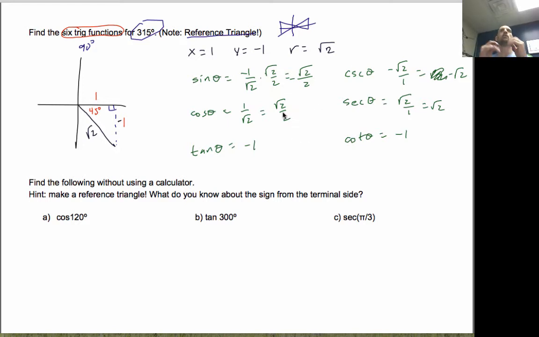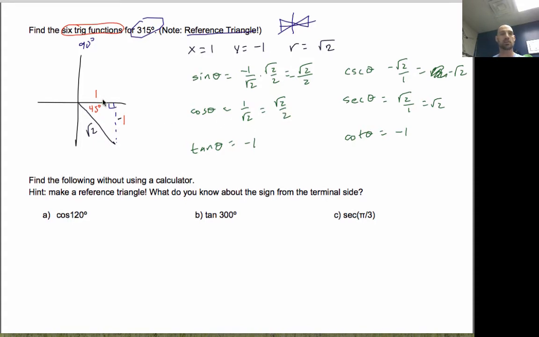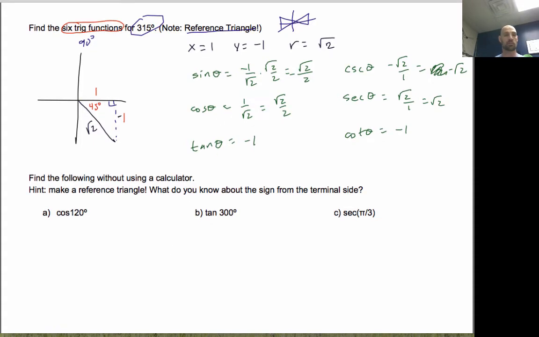All right, and so now we can find a bunch of different trig ratios for a bunch of different triangles without using a calculator, because using coterminal angles and reference triangles, I can draw these in. So if I go to find the cosine of 120, that's not a 30, 60, 90, and it's not a 45, 45, 90, but if I draw it in, what I'm going to find is that if my 90 degrees is up here, and I go 30 degrees farther, this is my 120, I can draw in a reference triangle.